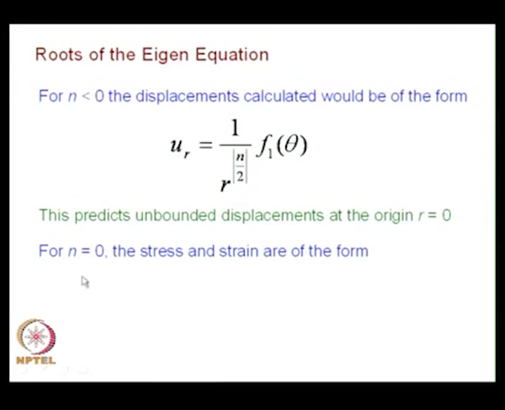Suppose you take the case for n equal to 0, what happens? The stress and strain are of the form sigma ij equal to 1 by r f2 theta, some other function of theta, epsilon ij equal to 1 by r f3 theta.